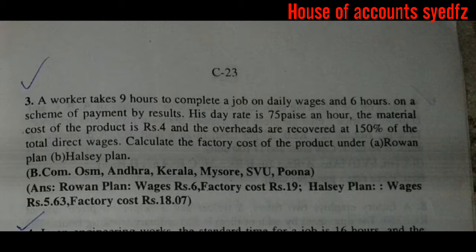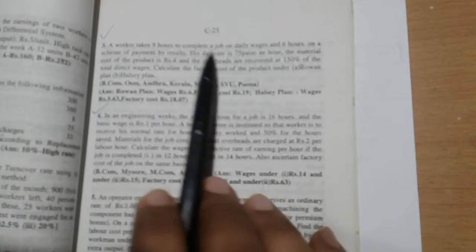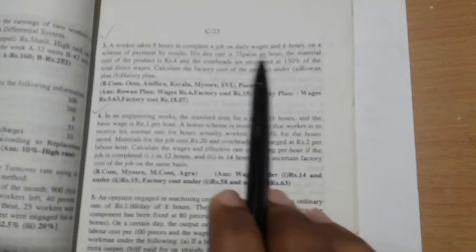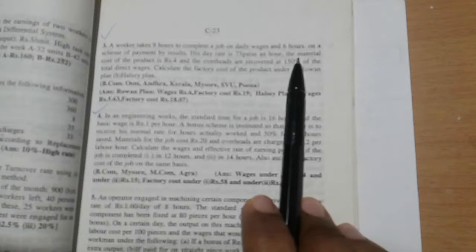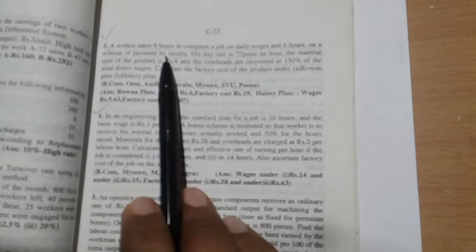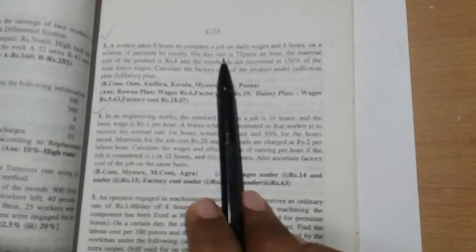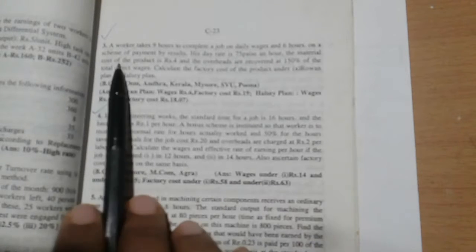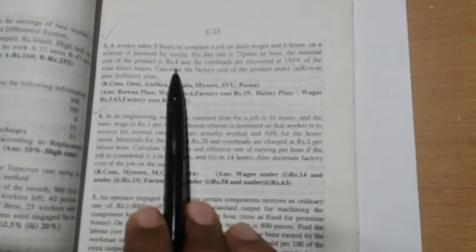Let's calculate. See question number three. Here you will come to know a worker takes 9 hours to complete a job on daily wages and 6 hours on a scheme of payment by result.